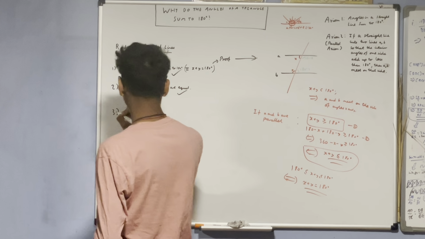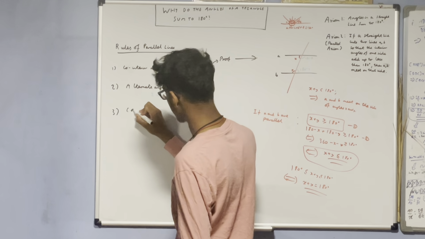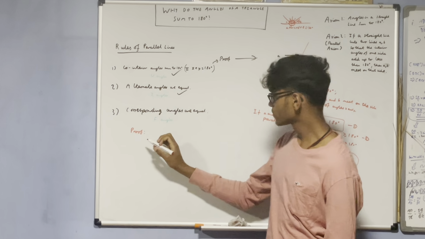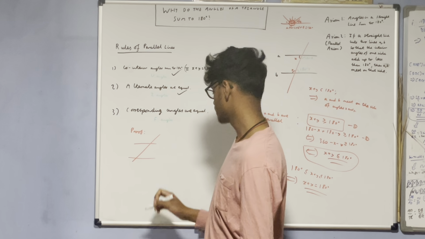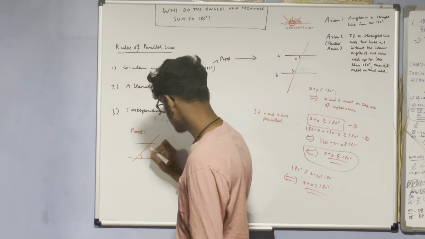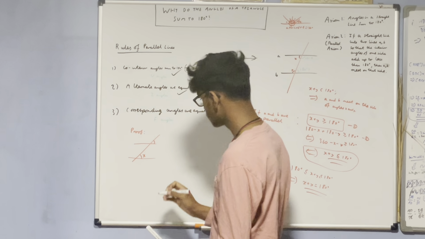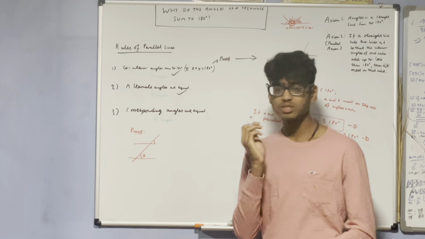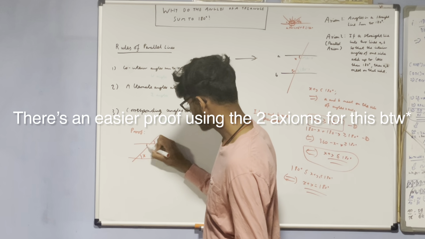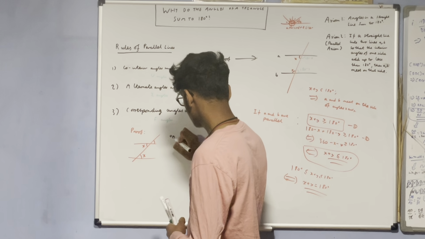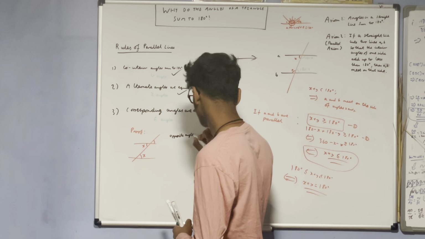So our final rule for parallel lines is corresponding angles are equal. Let's draw our lines, and I want to intersect here. I want to prove that this angle is equal to this angle. So I'm going to let this angle equal X, as I've done before. I'm going to verbally speak through this proof. Here, that means by alternate angles, this is equal to X. Opposite angles are equal, but I'm not just going to state that, I'm going to prove it, as a little subset here.